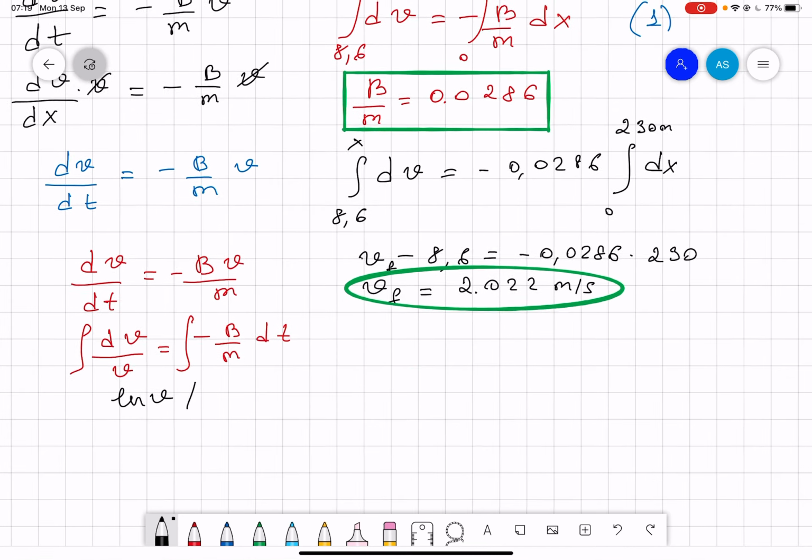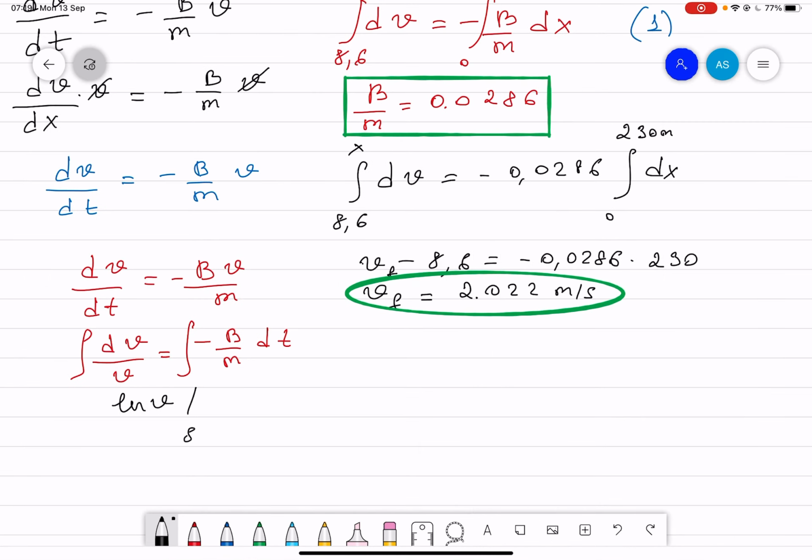The limits will be from 8.6 to the final 2.022, which is equal to, now b over m is already a constant, so the negative 0.0286, and dt is just the time.